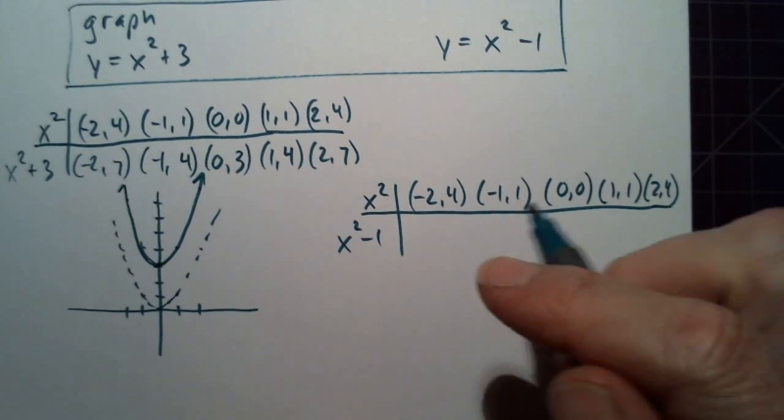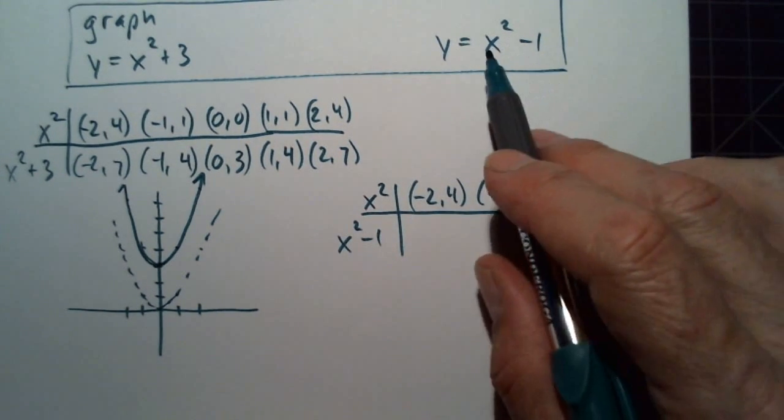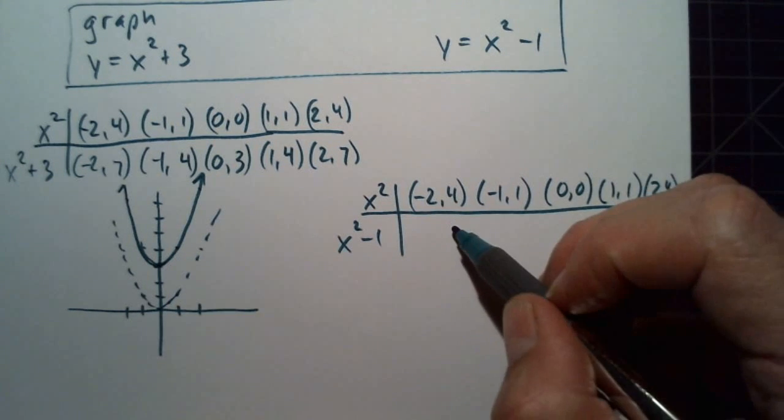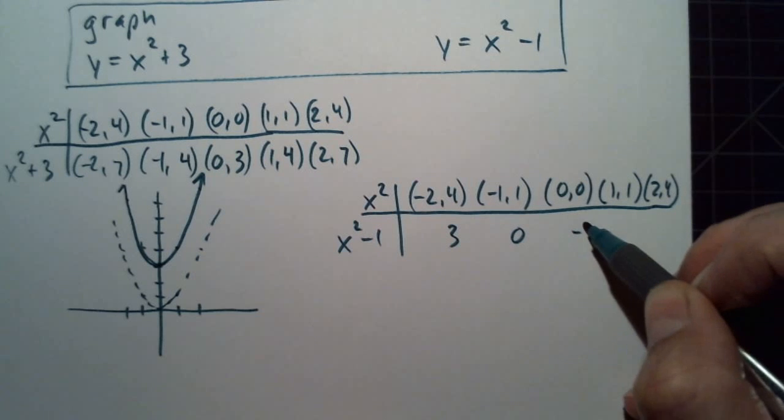So we just see that the 1 is not inside parentheses with the x, so that's a vertical change. We're going to subtract from the y values.